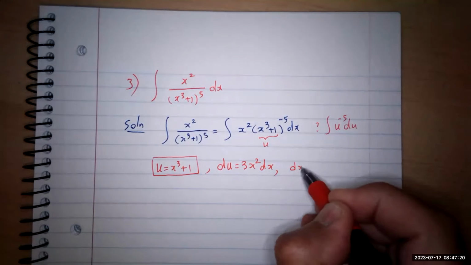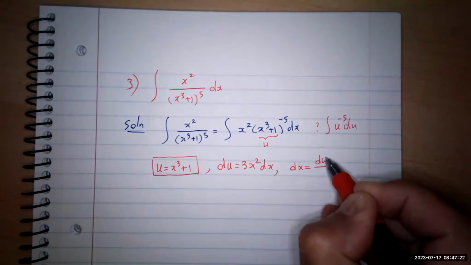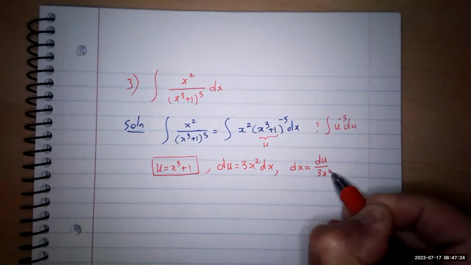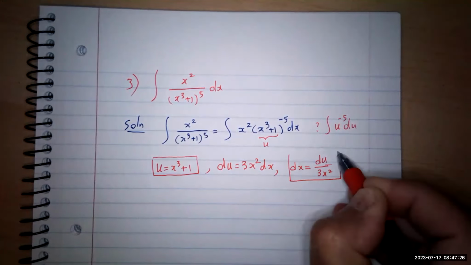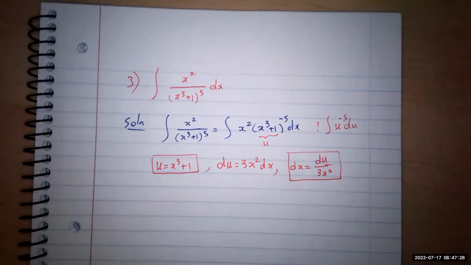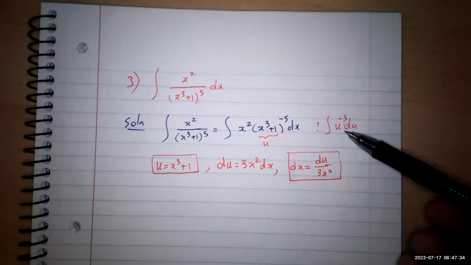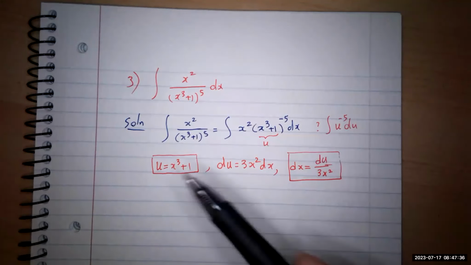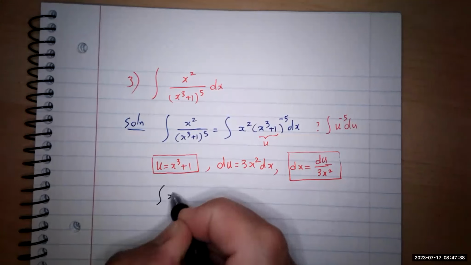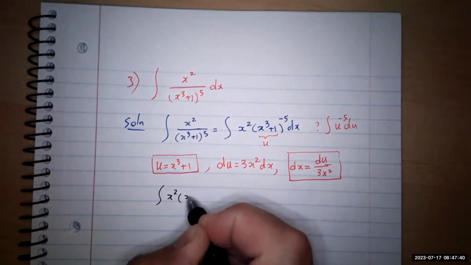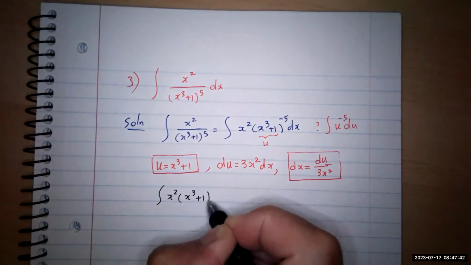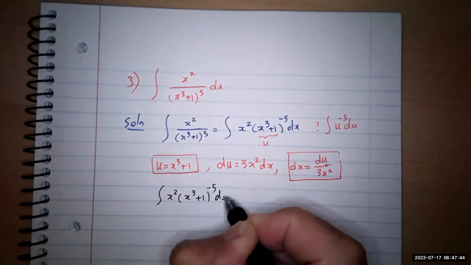So the dx is equal to the du over 3x squared. Okay, that's it. So go back, substitute. If you have done everything all right, you must get your target. So this is what we need to substitute. So we have x squared times x cubed plus 1 to the negative 5 dx.